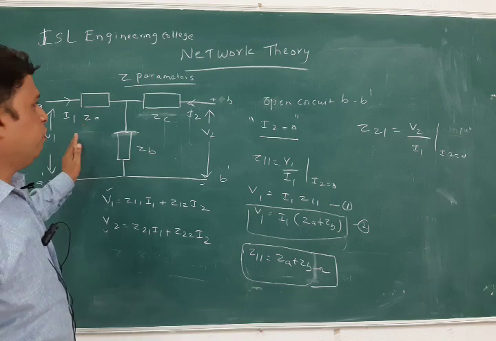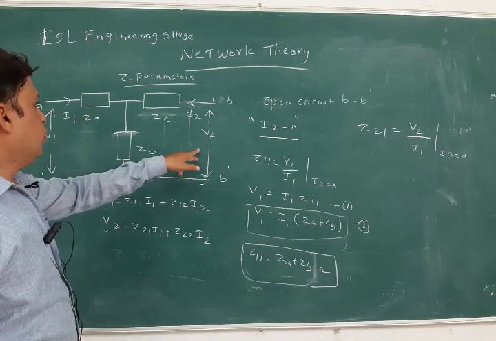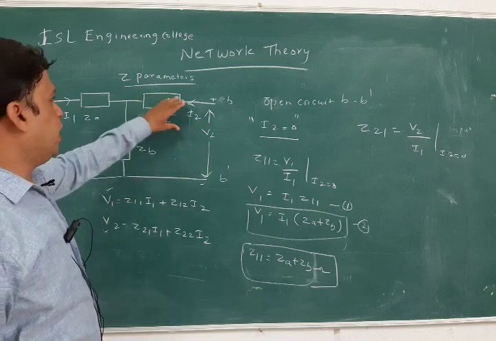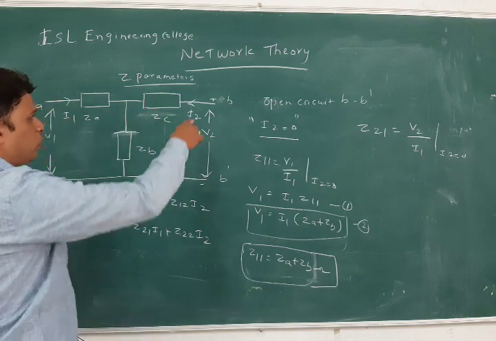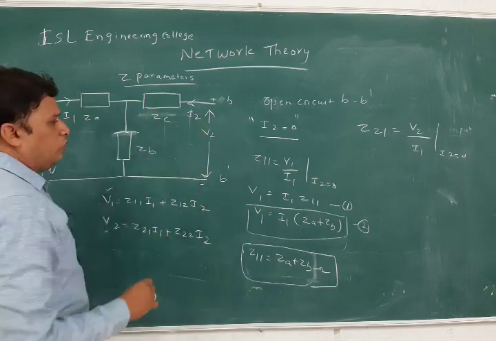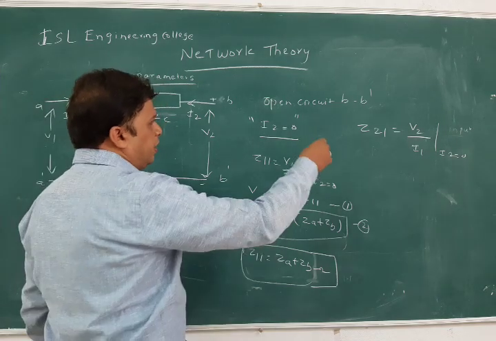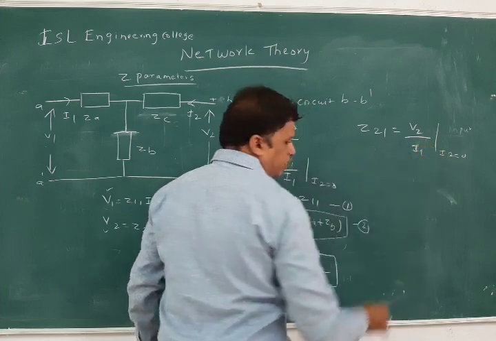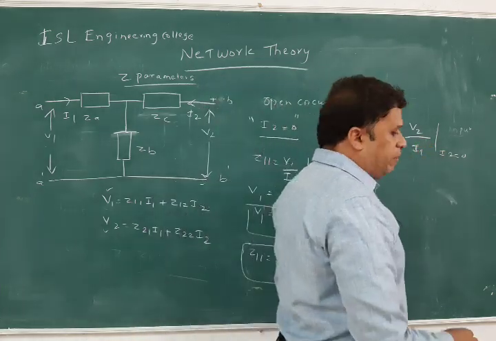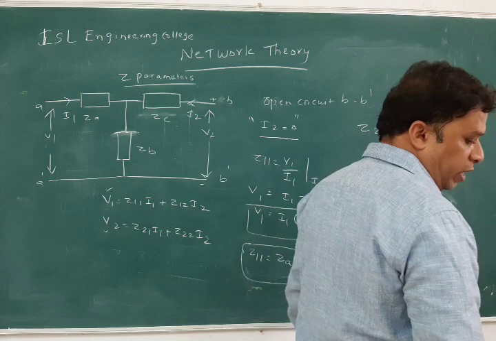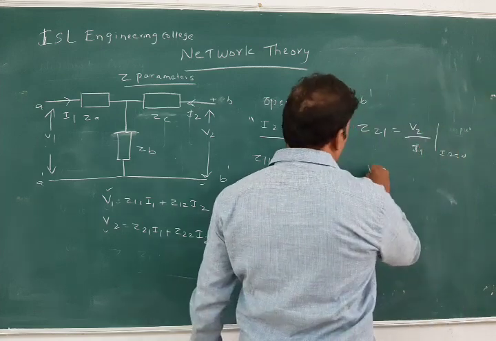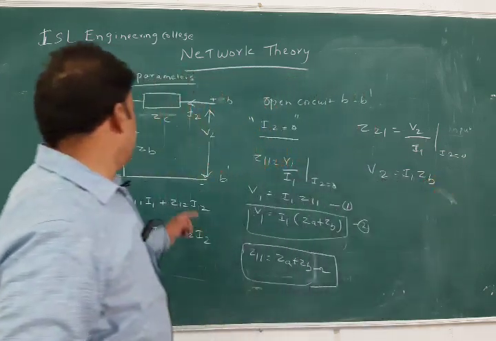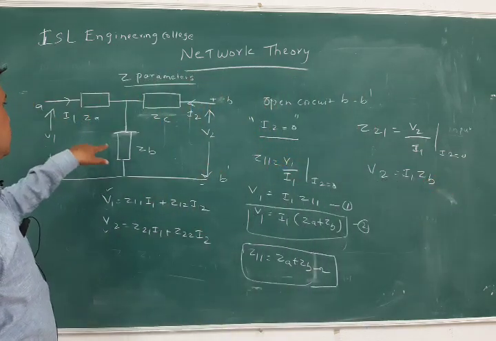Now we want to find out V2. If it is open circuited, the current will not flow here, I2 is equal to 0, but only voltage can be measured here. So V2 and I1 will be there, and therefore the Z21 parameter is V2 by I1, where V2 is equal to I1 into ZB.